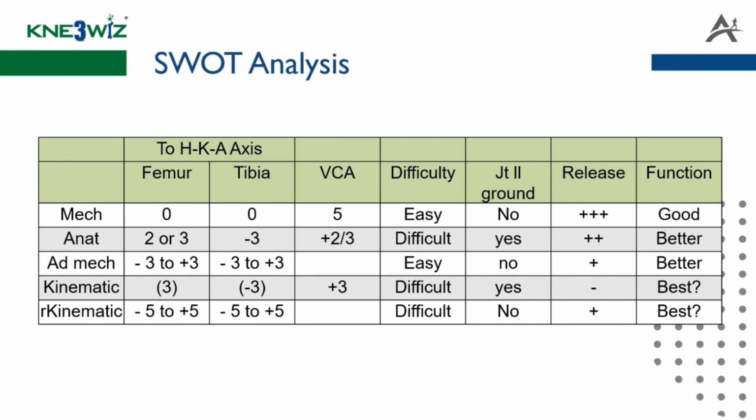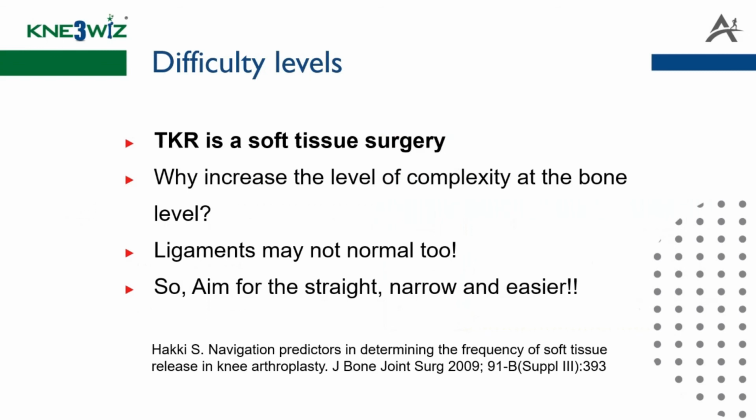In terms of difficulty, we have seen that focusing on the mechanical is probably the easiest to follow. TKR is a soft tissue surgery. Why increase the level of complexity at the bone level? Besides, ligaments may not be normal, so safer to aim for the straight, narrow, and easier.